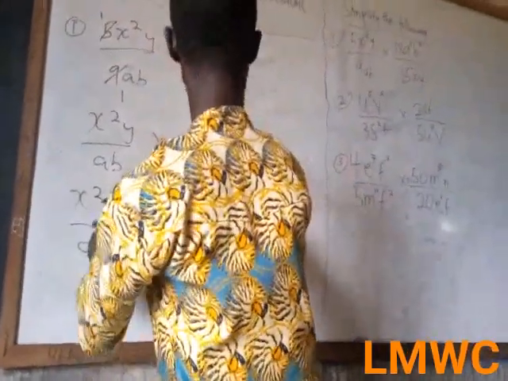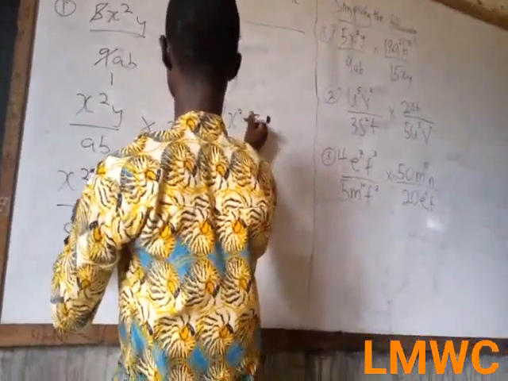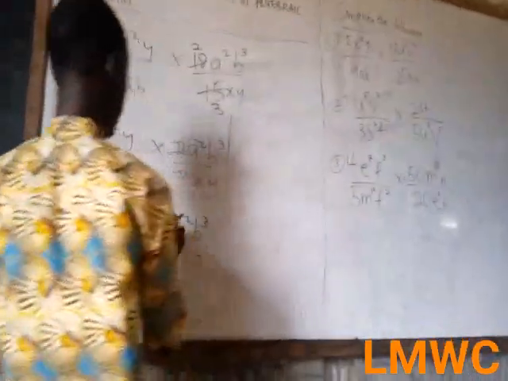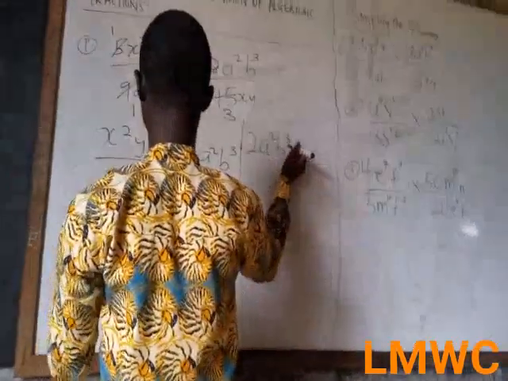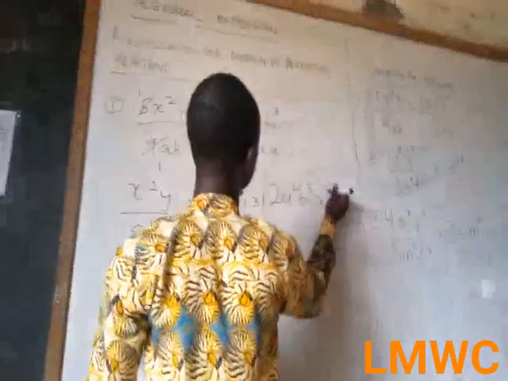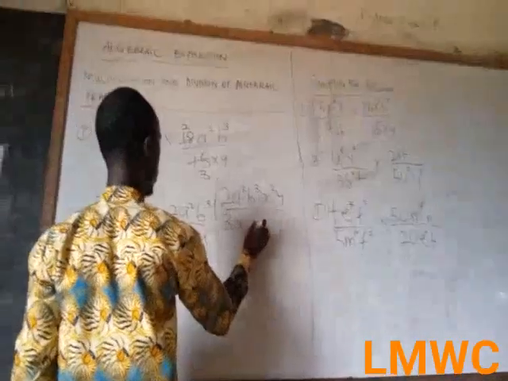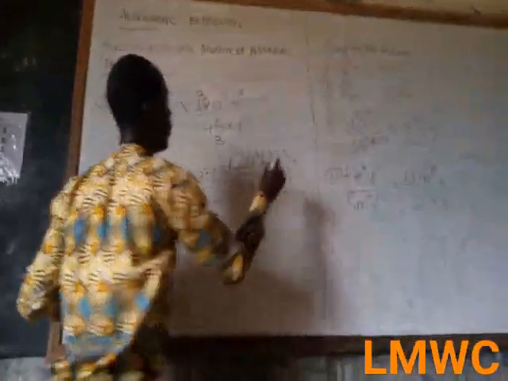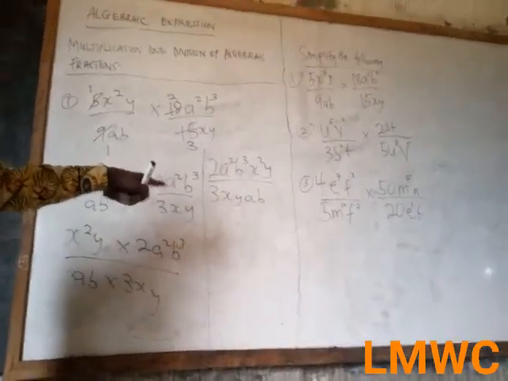So you have x squared y, now let me start with this number, 2a squared b cubed, you add this to it, x squared y over 3xy ab.